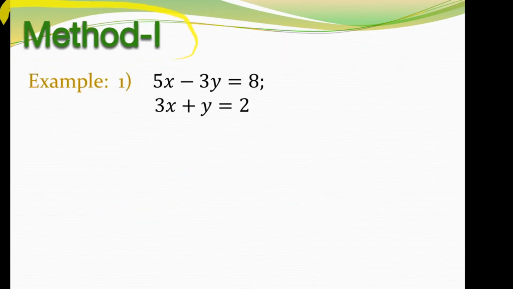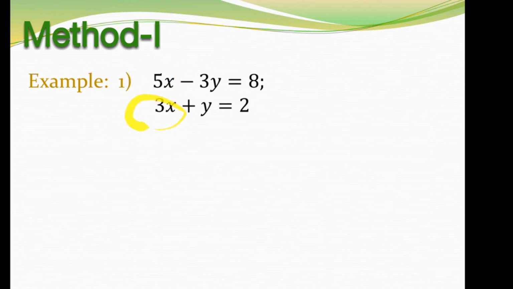Method number 1. In method 1, we are eliminating one variable. For eliminating one variable, we have to convert the equations into new equations such that the coefficient of one variable is equal in both equations. Here the coefficient of variable x is 5 in the first equation and 3 in the second equation.